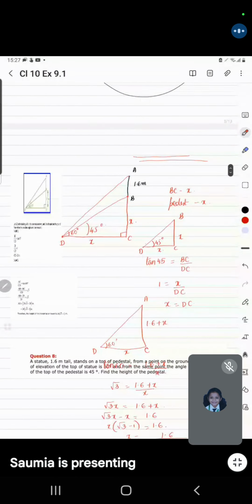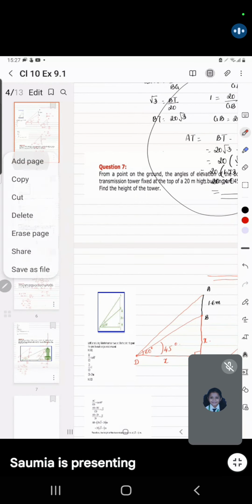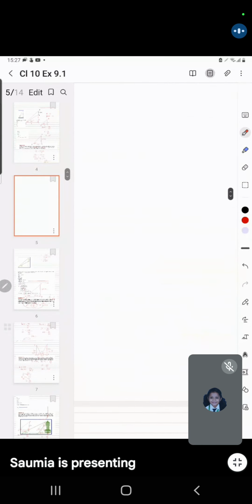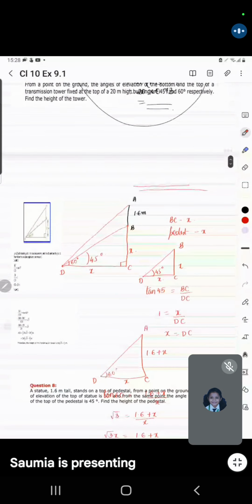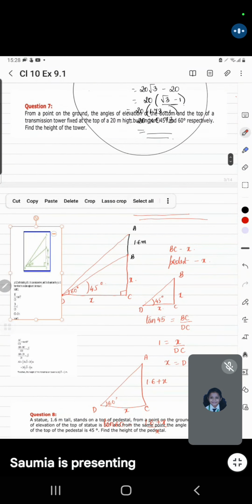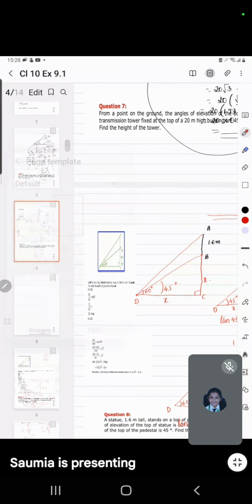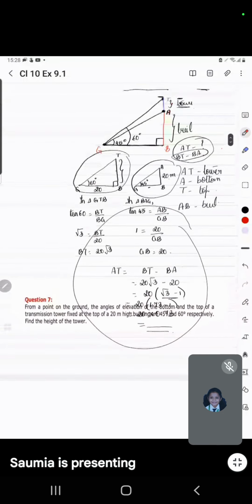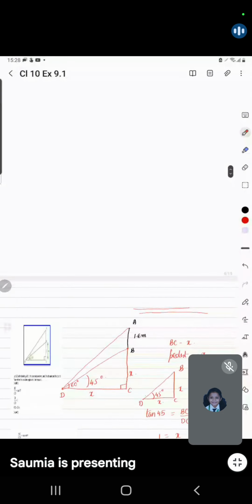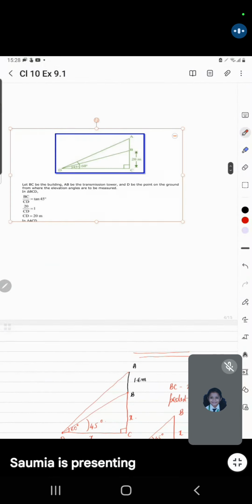Yes. The ladder, please. Next one is seventh question, no? Yes or no? We are to do the seventh question? Or we did the seventh question?